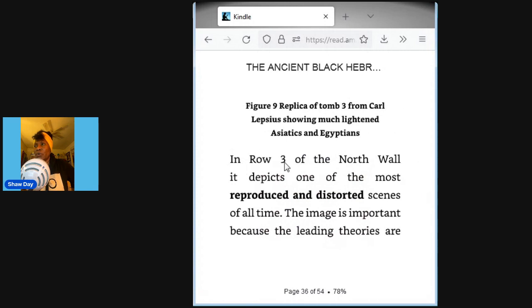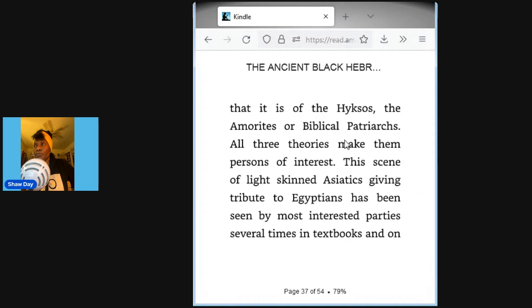It says, in row 3 of the north wall, it depicts one of the most reproduced and distorted scenes of all times. The image is important because the leading theories are that it is of the Hyksos, the Amorites or biblical patriarchs. All three theories make them persons of interest.